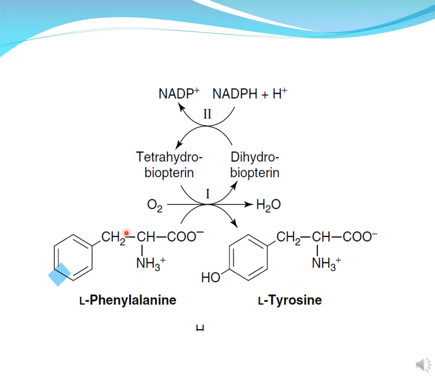Tyrosine is derived from phenylalanine by hydroxylation at this position by the enzyme phenylalanine hydroxylase, and this enzyme requires a coenzyme called tetrahydropterin. You should remember these two, phenylalanine hydroxylase and tetrahydropterin. We'll speak about them in the next subject, which is the inborn error of metabolism.